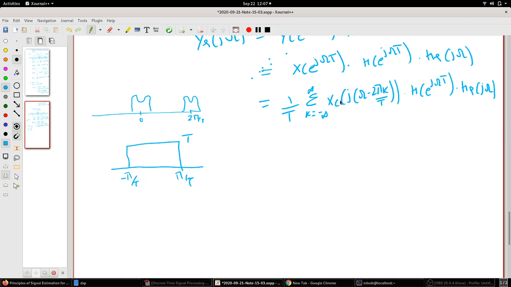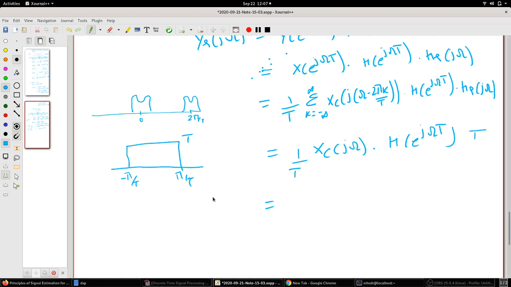All the duplications, or the multiple copies of the spectrum, will be discarded, and only the spectrum which is centered around 0 will pass through. That is your Xc(jω). So this will be Xc(jω) into H(e^{jωT}), where Hr(jω) has a value of T and this has 1/T.